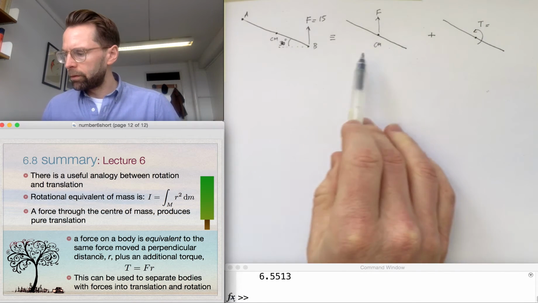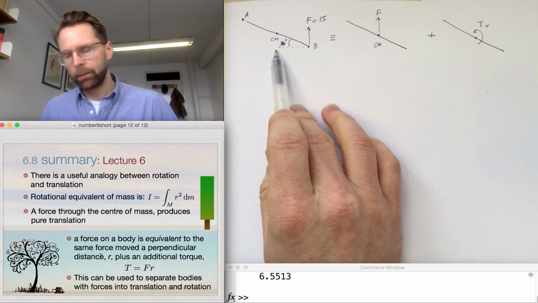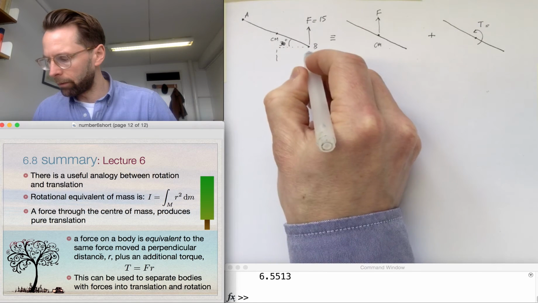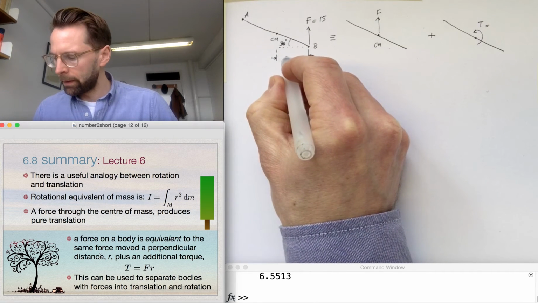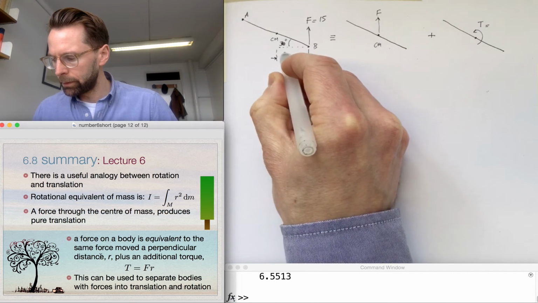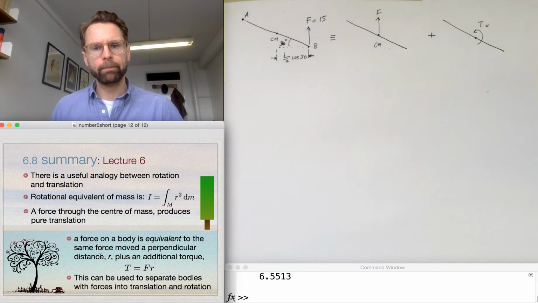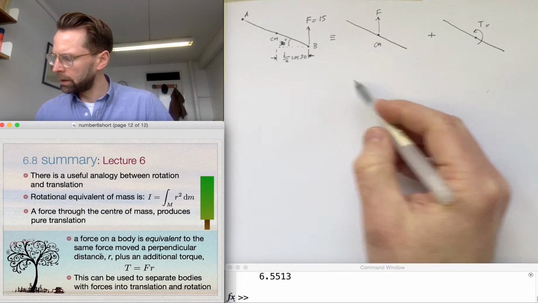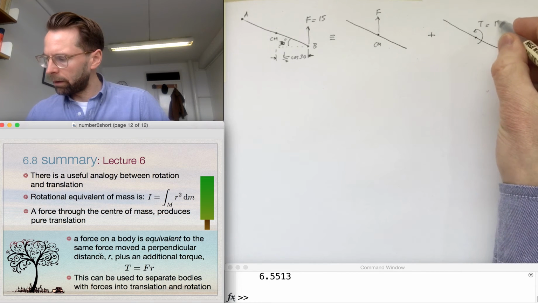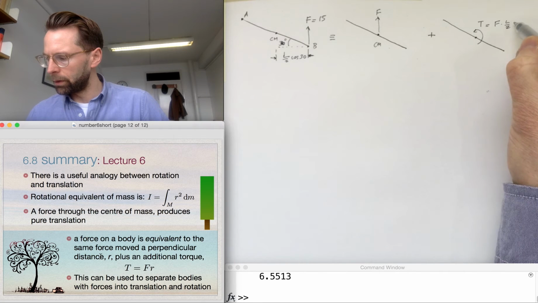And here we've moved the force a perpendicular distance, or how far have we moved it, that distance there is L over 2 times cos 30. So that is force times L over 2 cos 30.